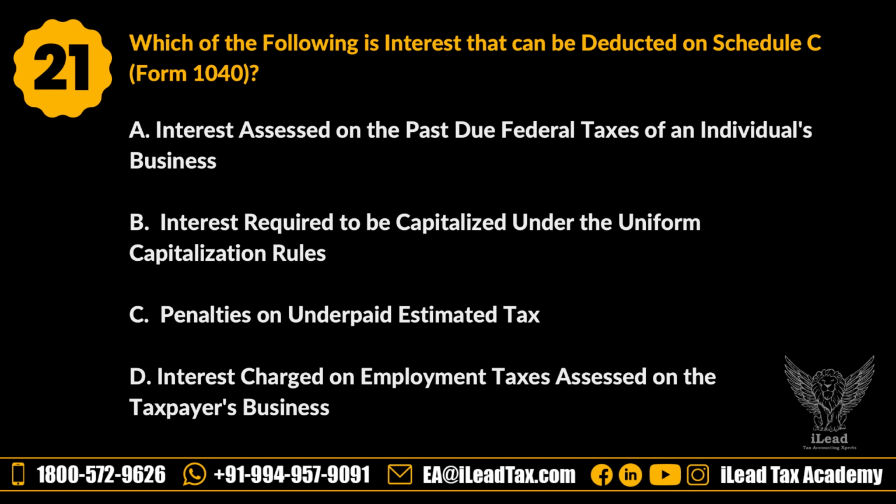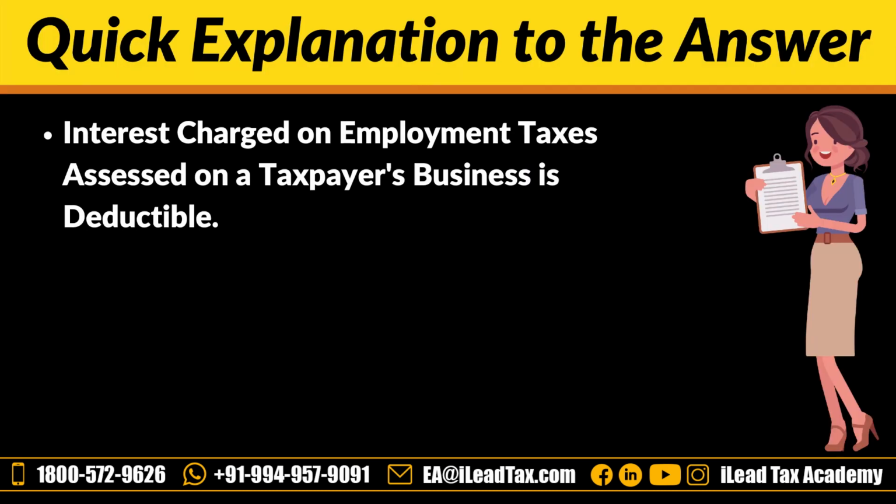Option C, penalties on underpaid estimated taxes are generally not deductible as business expenses. They are considered a personal penalty and are not directly related to the operation of the business. So the correct answer is D, because interest charged on employment taxes assessed on the taxpayer's business is a deductible business expense on Schedule C.